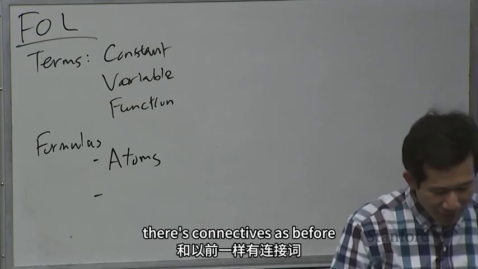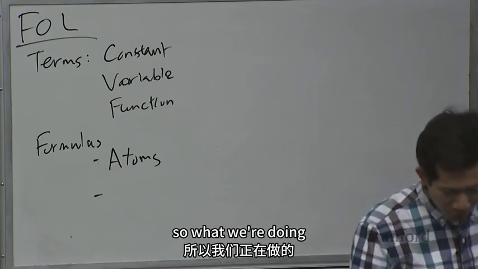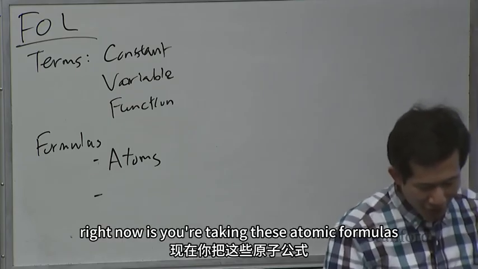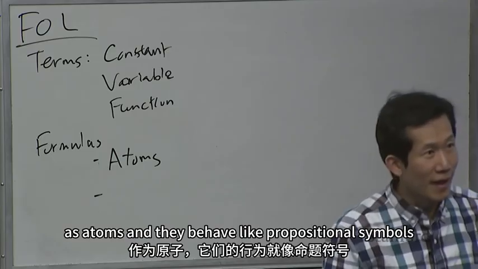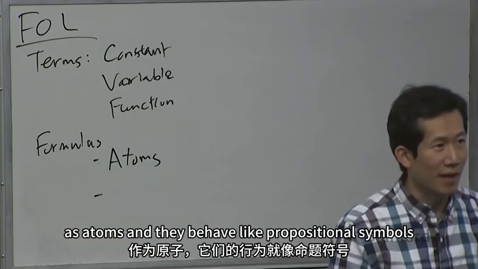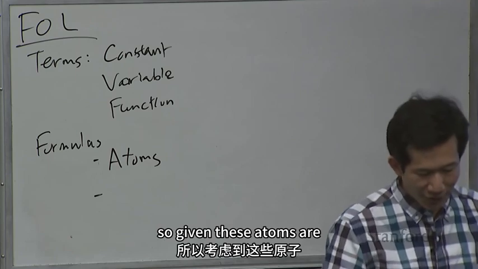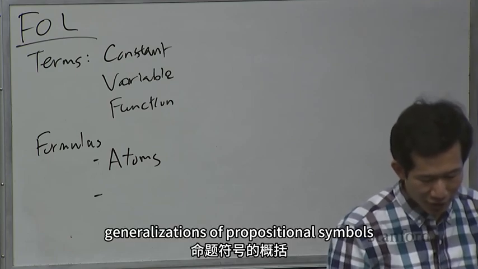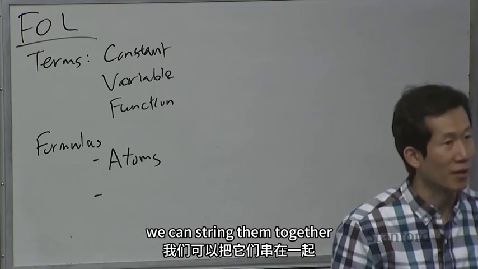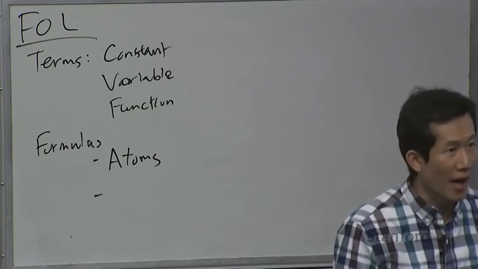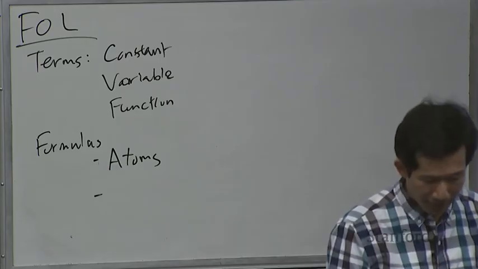There are connectives as before. What we're doing right now is taking these atomic formulas, atoms, and they behave like propositional symbols. Given that these atoms are generalizations of propositional symbols, we can string them together using any number of connectives, as we've done in propositional logic.